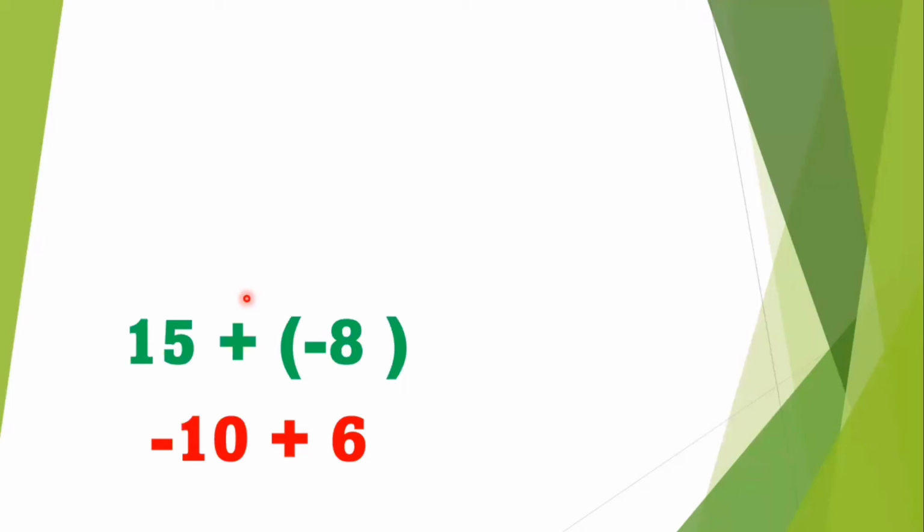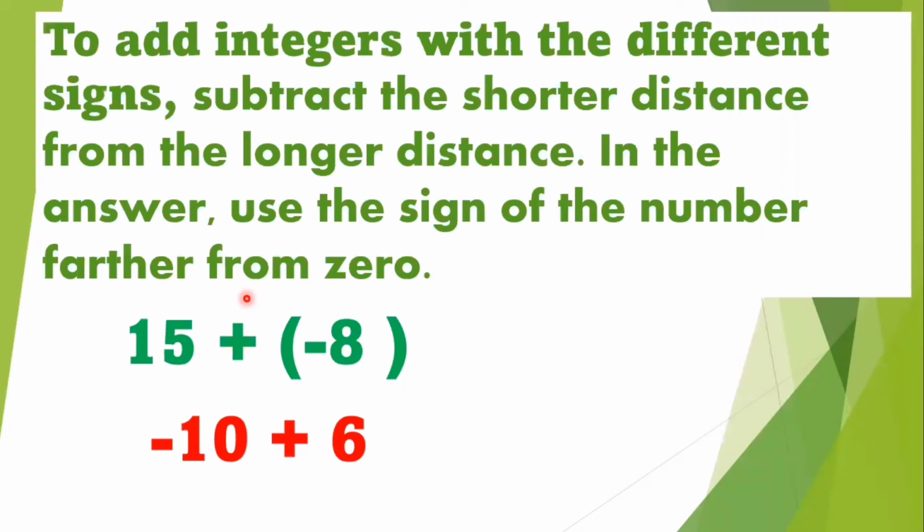To add integers with different signs, subtract the shorter distance from the longer distance, and for the answer, use the sign of the number farther from 0. Nakuha yun? Kapag mag-a-add tayo ng integers na magkaiba ang sign, ang gagawin natin ay i-minus ang maliit sa malaki.